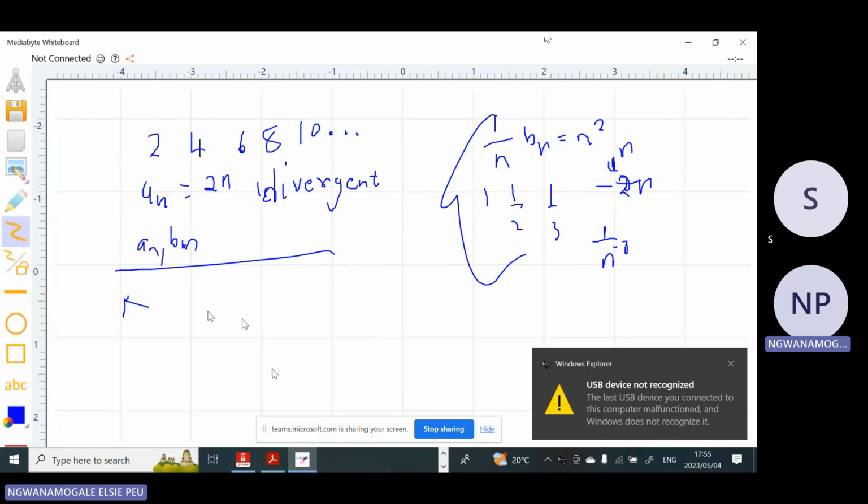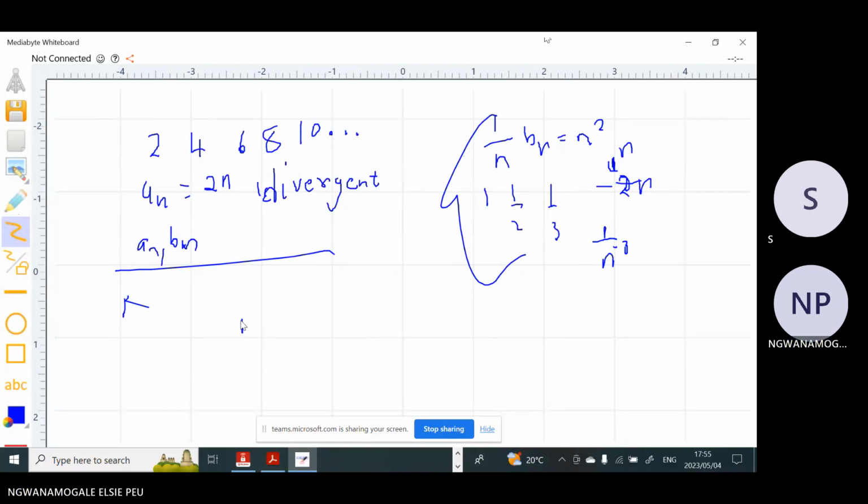Okay, so if you have a p and your p is greater than 1, we know that the sequence is going to be convergent. And if p is less than or equal to 1, then your sequence is going to be divergent.